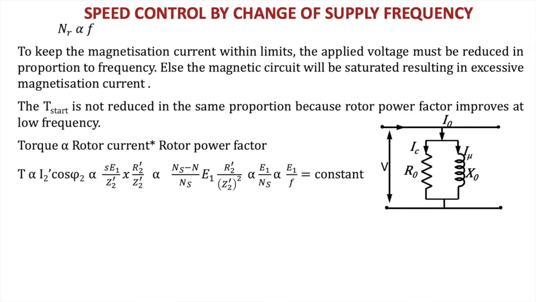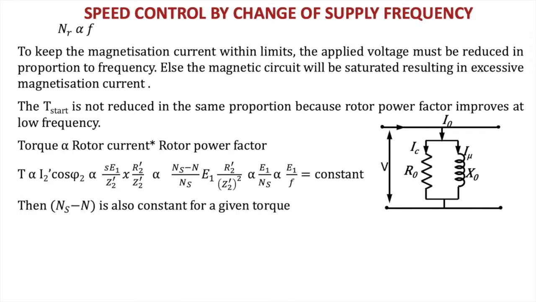So substitute all the values of the slip and recombine the equations. You will come to that the torque is proportional to the input supply voltage and the synchronous speed, and the synchronous speed in turn is proportional to the frequency. So the torque can be kept constant if we keep the supply voltage by frequency ratio constant.